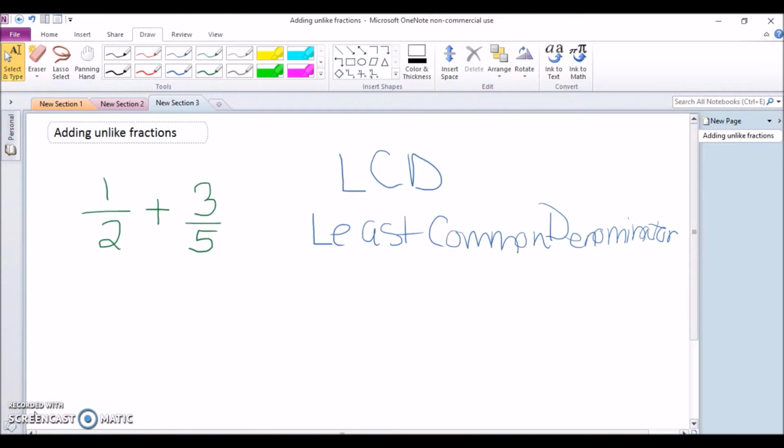A strategy you could use to find the LCD could be taking the 2 and multiplying it by a set of numbers to get a product.